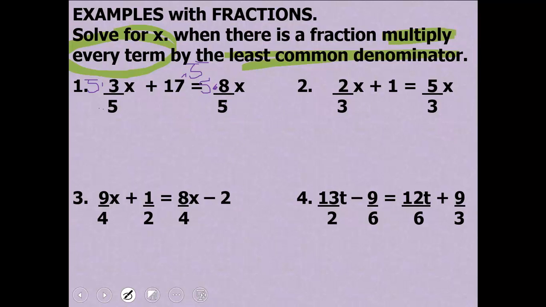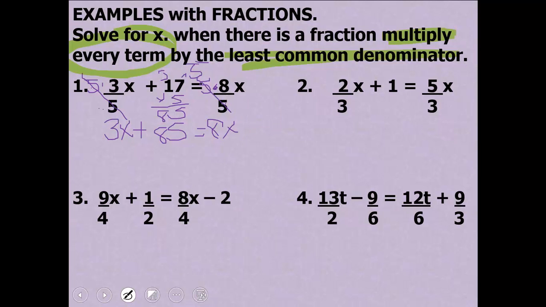When I do this, the 5 in the numerator cancels with the 5 in the denominator. That's what we spent time finding factors for, so we could cancel. So I'm left with 3x. 5 times 17 is 85, so plus 85 is equal to, again, these cancel, 8x.